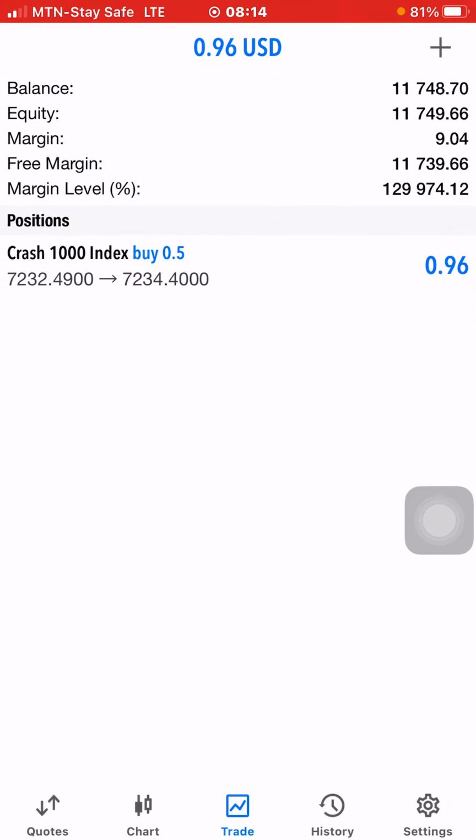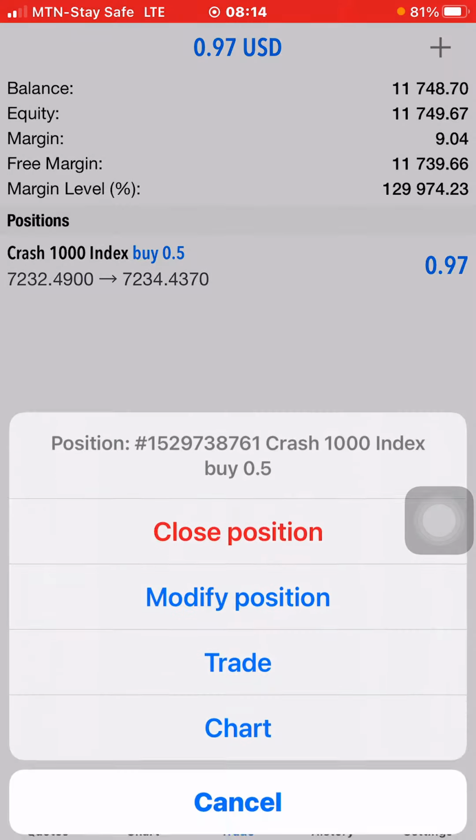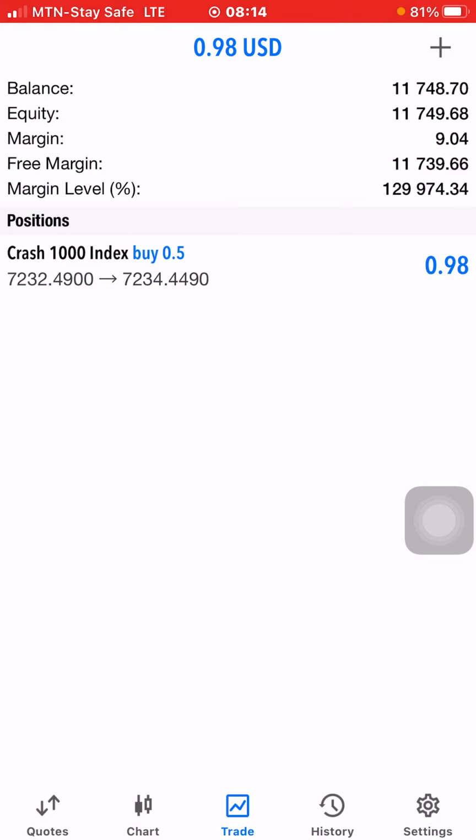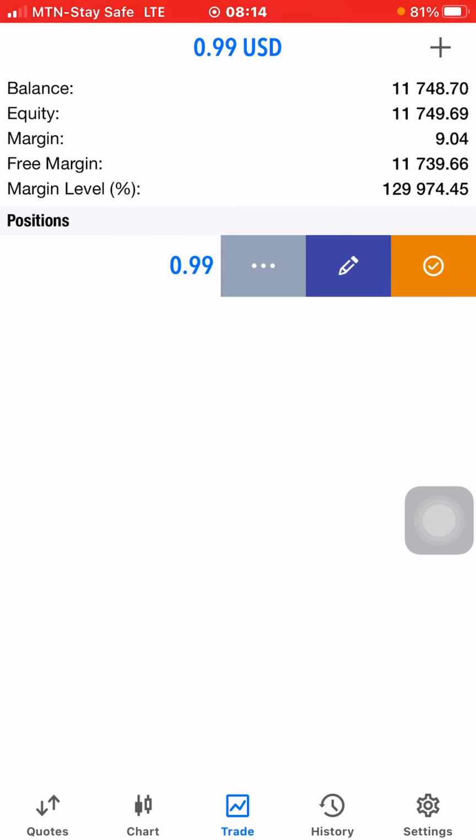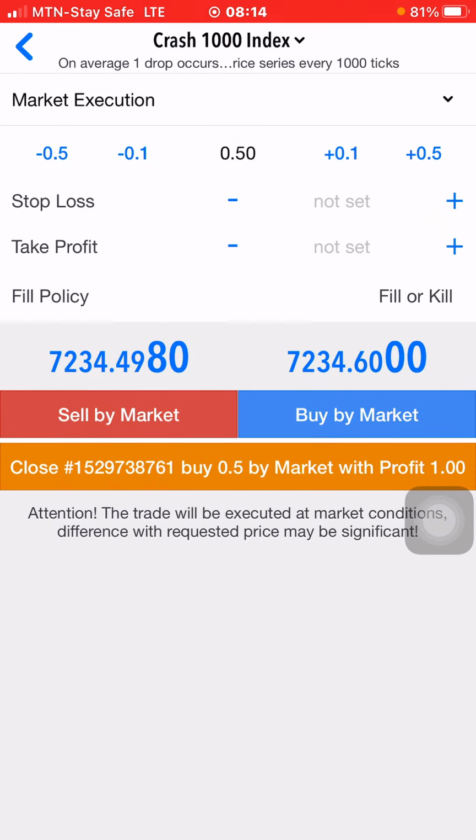Then you tap on this next one again. You have to be fast about this stuff. You tap on this last one again, slide it to the left, tap on this yellow, and close.